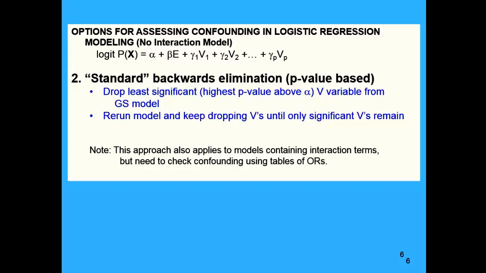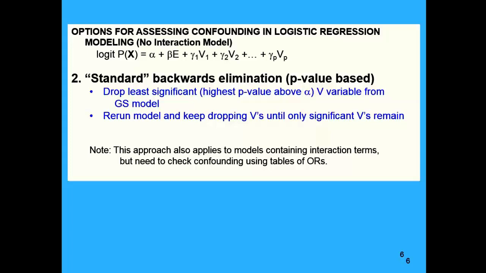If you're going to do the Wald test and you fit this model, which had 10 V variables and 1 E, the single E variable, which of the V variables are you going to drop? You're going to get a bunch of Wald statistics for each one of those V's, okay? And the Wald statistic corresponding to that, you're going to get a p-value, right? So the p-value that's the highest is the least significant one, right?